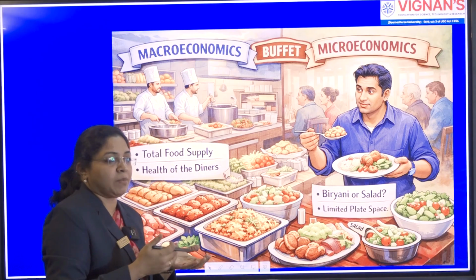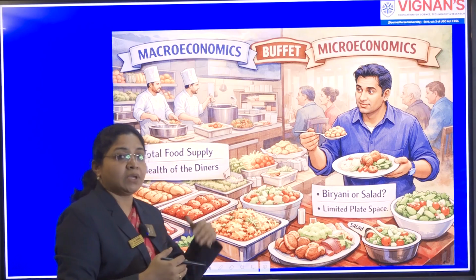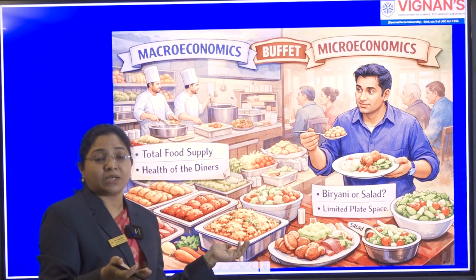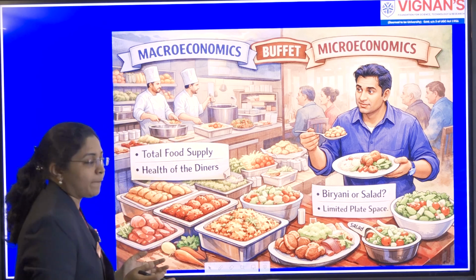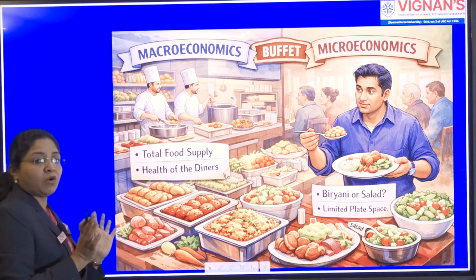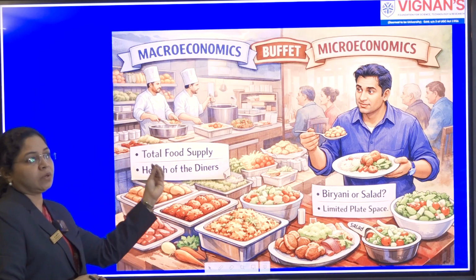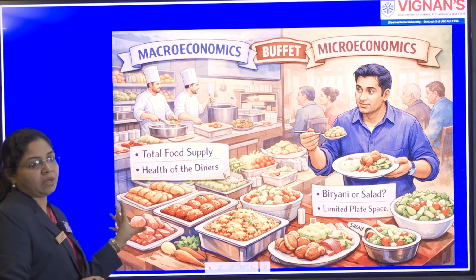He cannot carry much more than that, and he cannot eat more than that. So, he has to make choices whether he has to have biryani, or salad, or a mix of both, or something else. So, this is a picture of an economy wherein we find the problem of scarcity. We also understand the economy at a micro level and also at a macro level.